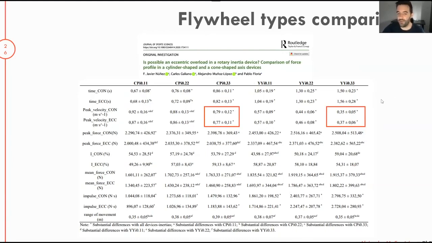For those who have not used flywheel devices, a moment of inertia of 0.3 is very low. If we talk about the mean force, we see more or less the same loads. And if we see the impulse, we really see differences between both types of devices. Almost 60% more on the horizontal cylinder compared to the conic pulley.